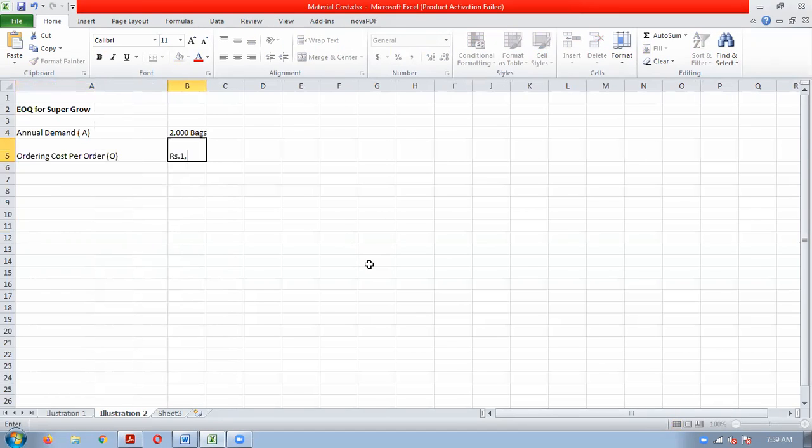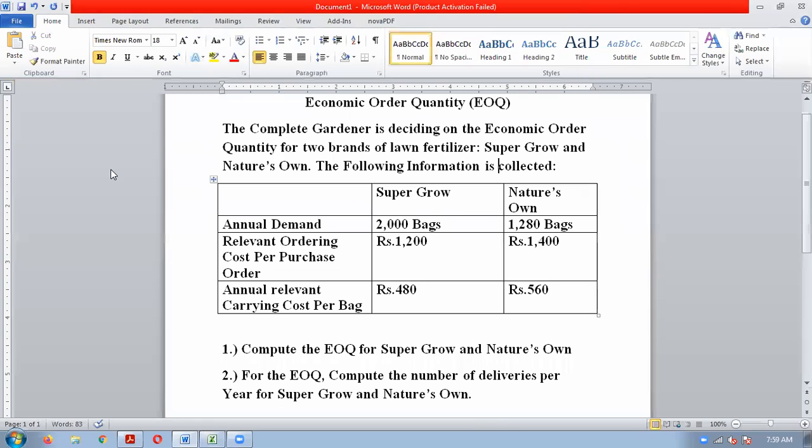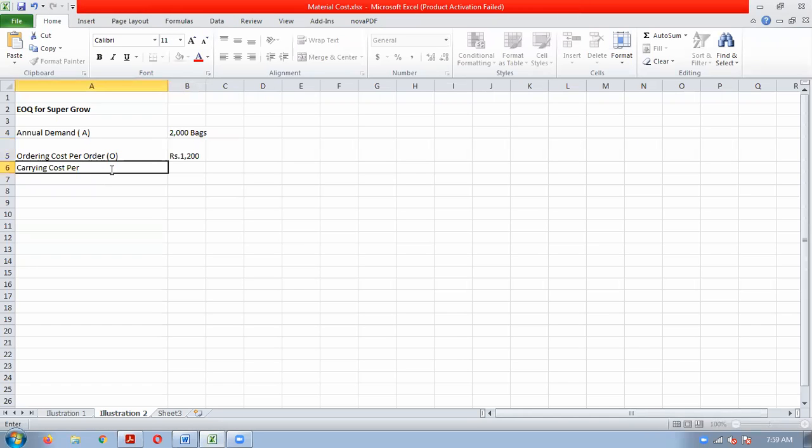Rupees 1200. Carrying cost per bag, which is C. Carrying cost per bag per annum is how much? 480.